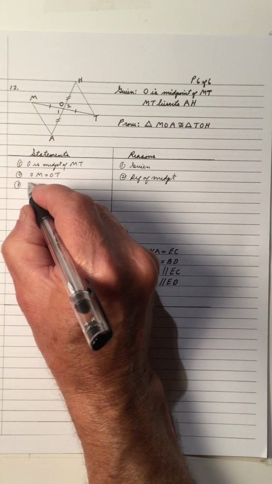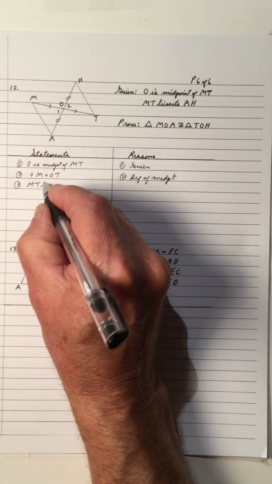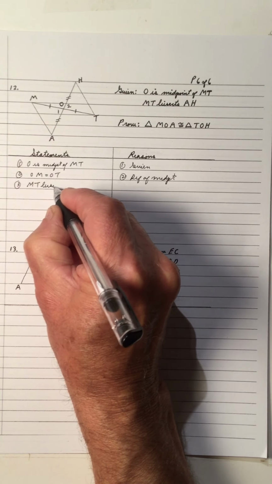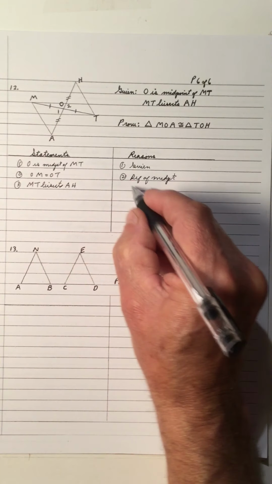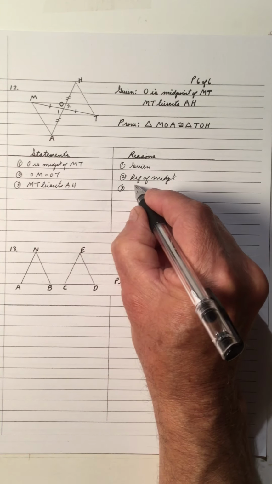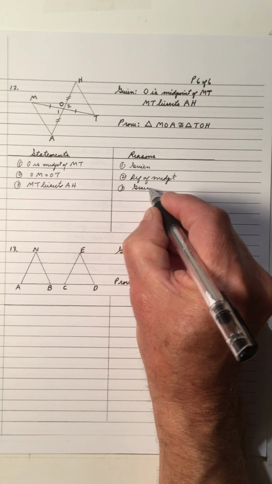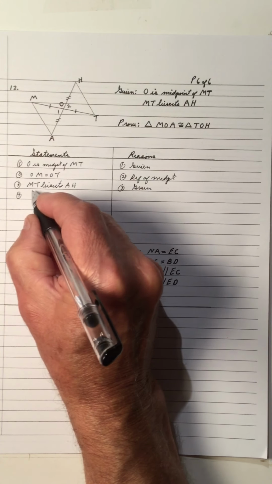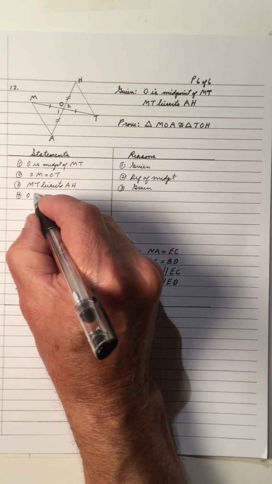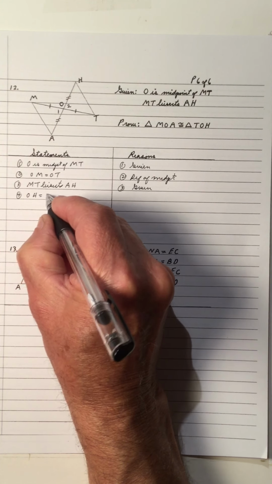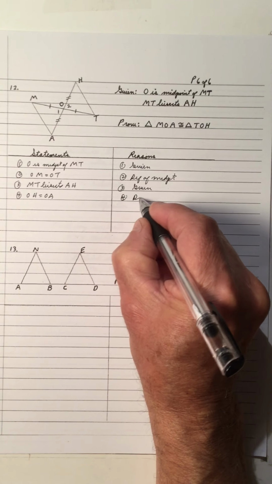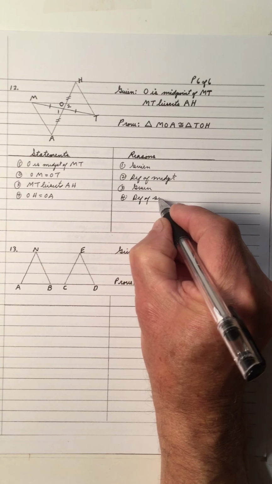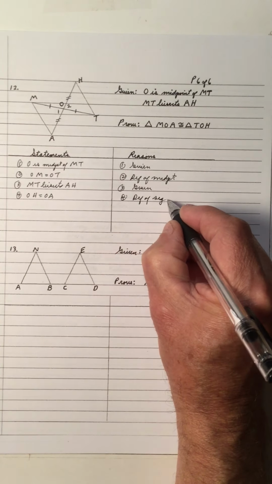Number three, MT bisects AH, given. And that means that OH equals OA. Definition of a segment bisector.